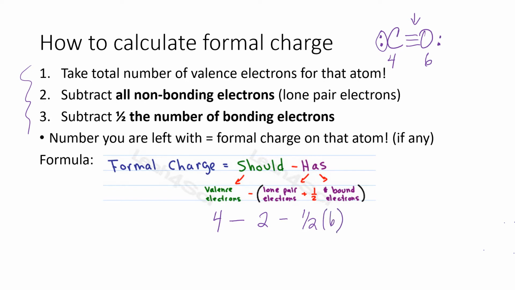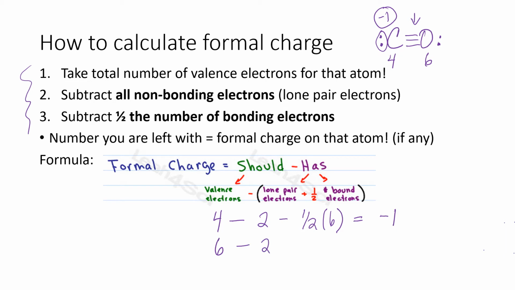Okay. What does this give us mathematically? Well, 4 minus 2 minus 3 equals -1. So we can assign a formal charge to carbon of -1. What about oxygen? Rinse and repeat, right? Notice we have 6 valence electrons and again a single lone pair, so that's 2 electrons.